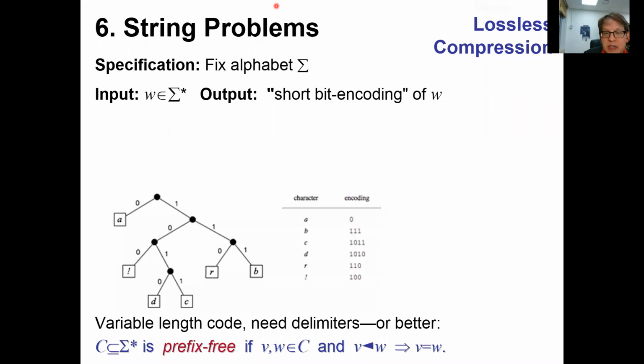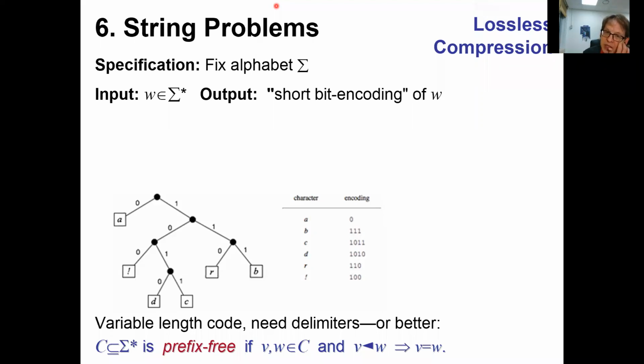So here's an example picture where on the left you see such a complete binary tree. We consider binary trees because we consider binary codes. If we're interested in ternary codes, then of course we're going to consider ternary trees and so on. But let's, for simplicity, focus here on binary codes and binary trees.